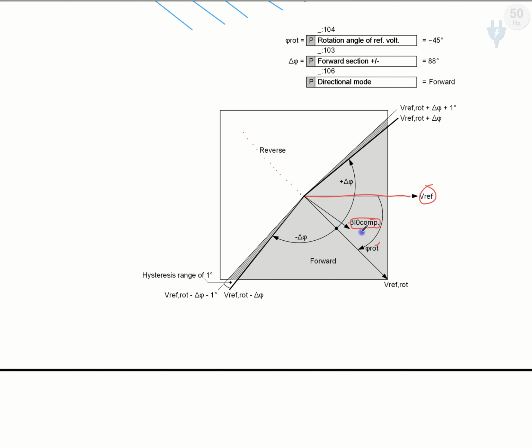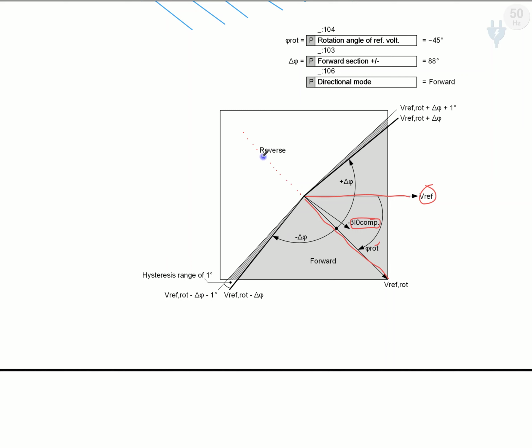That's why we take this minus, so that the relay can invert it, reverse the direction of this I0, and bring it to an angle with the V0 reference. Now we shifted this V0 reference to V0 reference rotated.